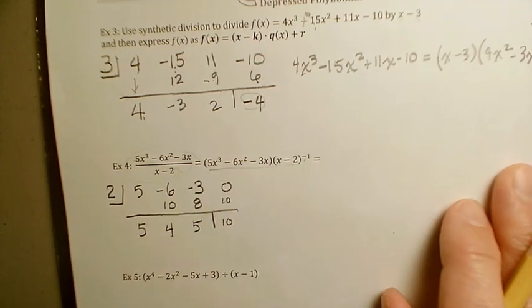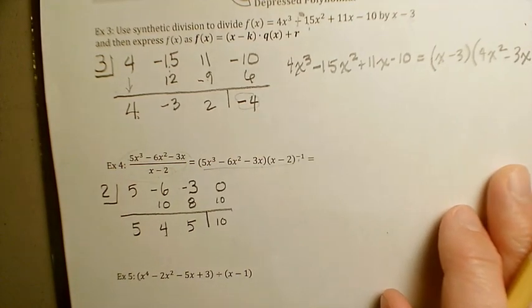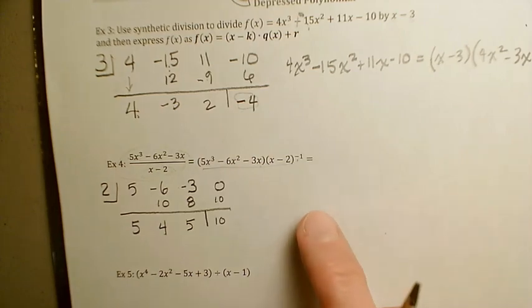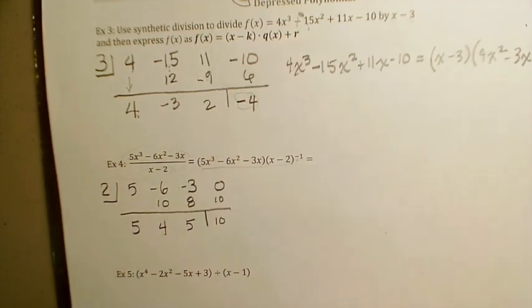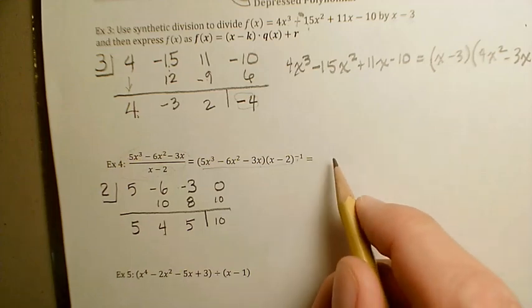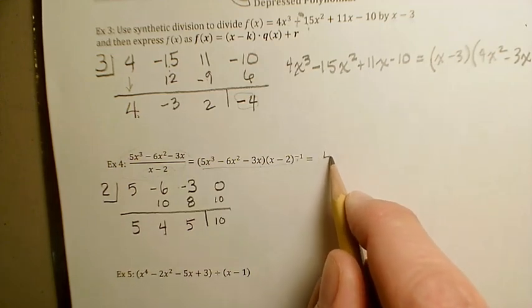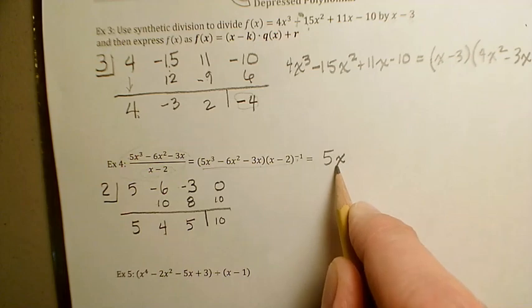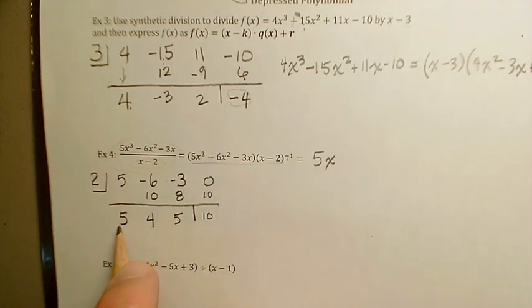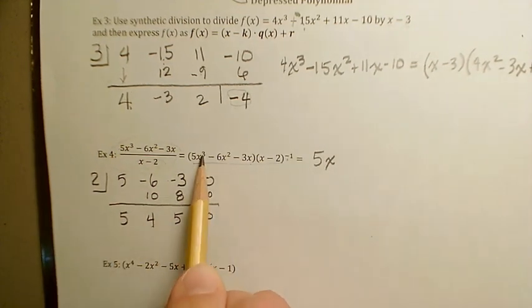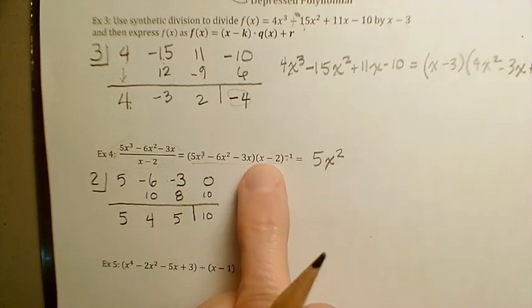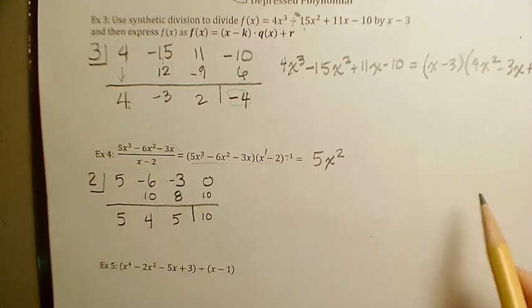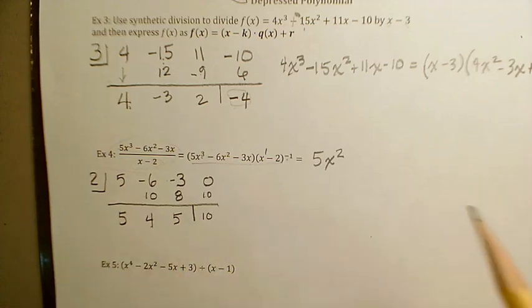All right, so let's write this again in the format that they're asking us to write. Well, it doesn't say specifically for this one to write it in that format. So what's the answer? Let's write up here: this is 5x, and what power is that going to be to this 5? We start with a cube, so this has got to be 1 less, squared, because we divide by x to the 1. So it decreases by 1, the depressed polynomial.